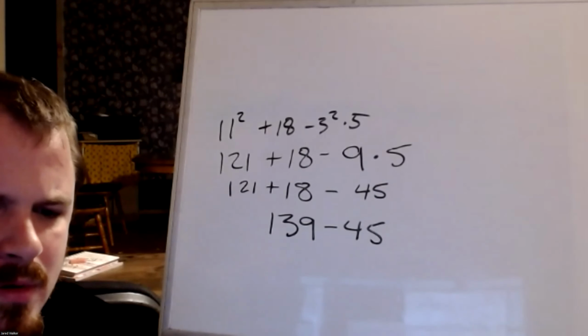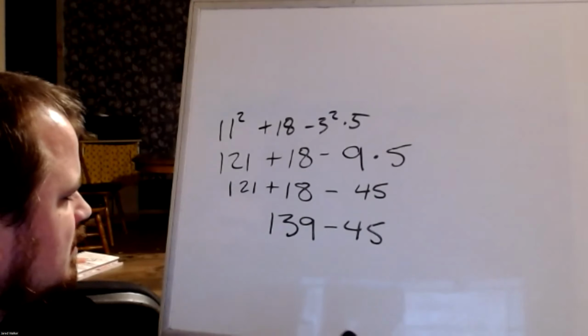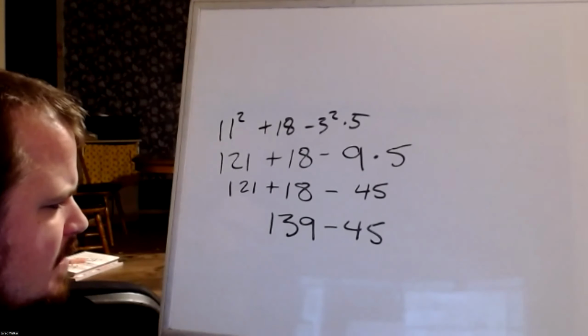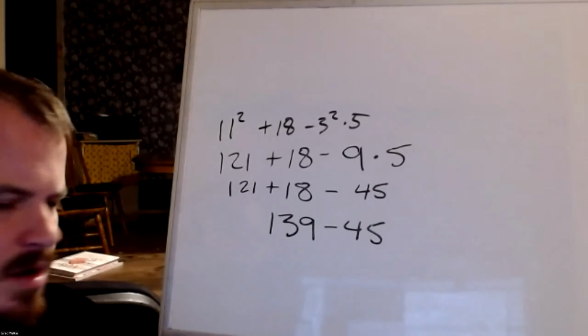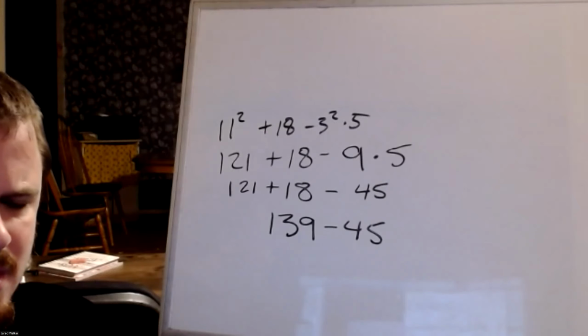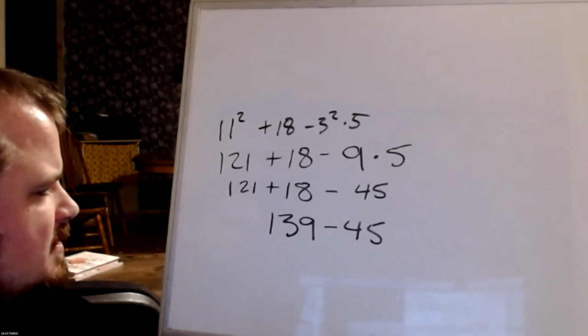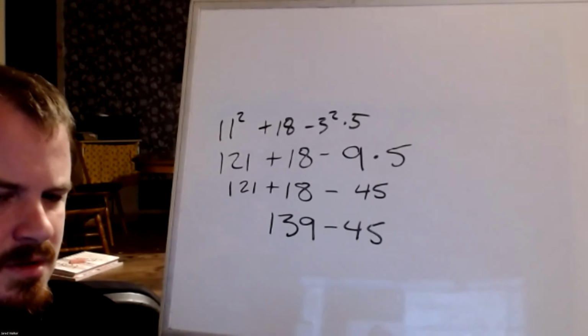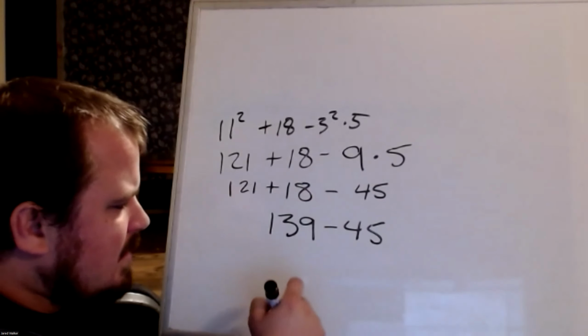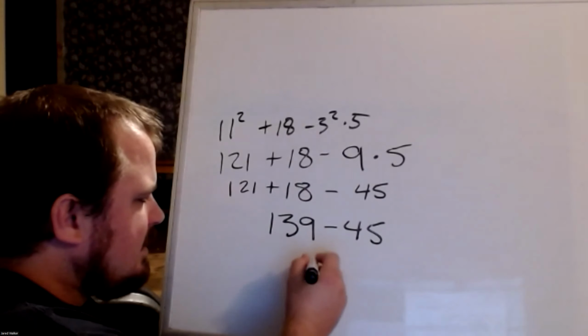Okay, so when we do 139 minus 45, I think that the multiple choice options in the PowerPoint are messed up, because we don't even have the right answer. So I'll have to edit that. But so we'll do 139 minus 45, and we will get 96.